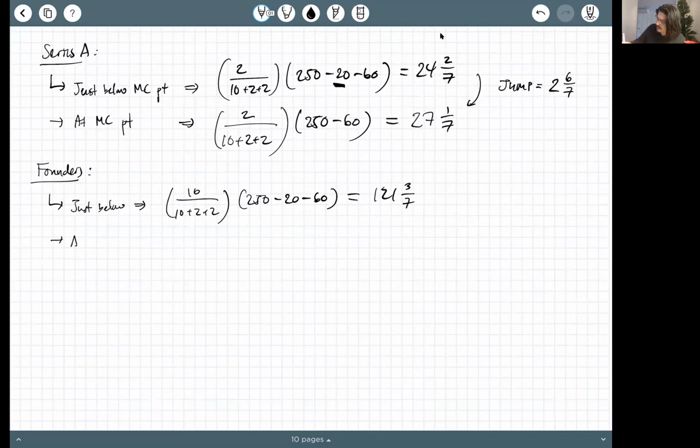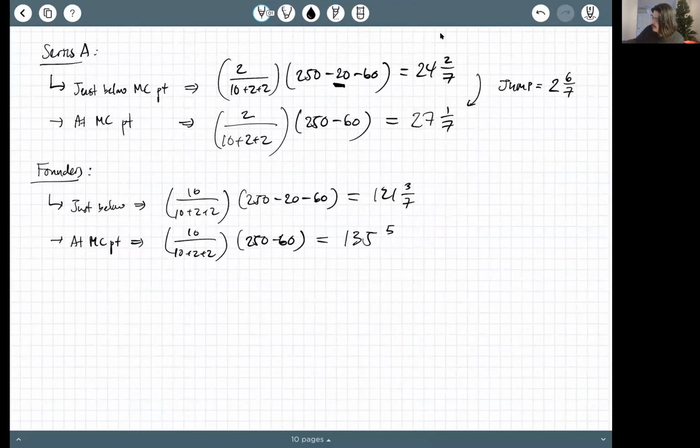And at the mandatory conversion point, they now get 10, and that gives us 135 5/7 million. So now we have a jump of 14 2/7 million.